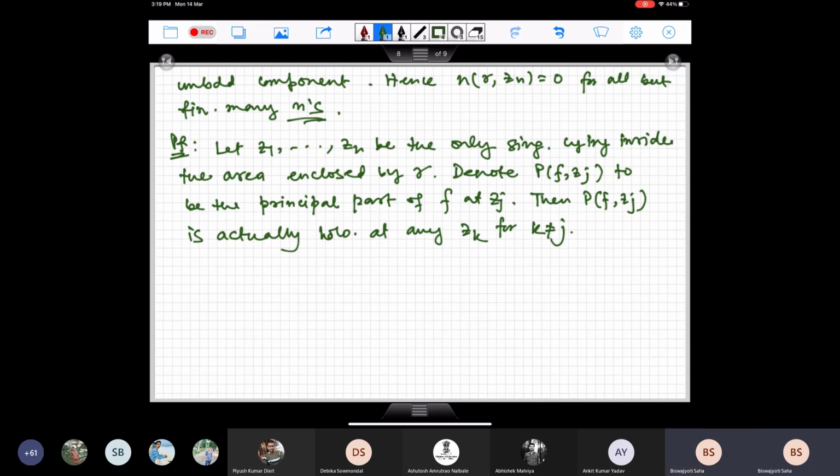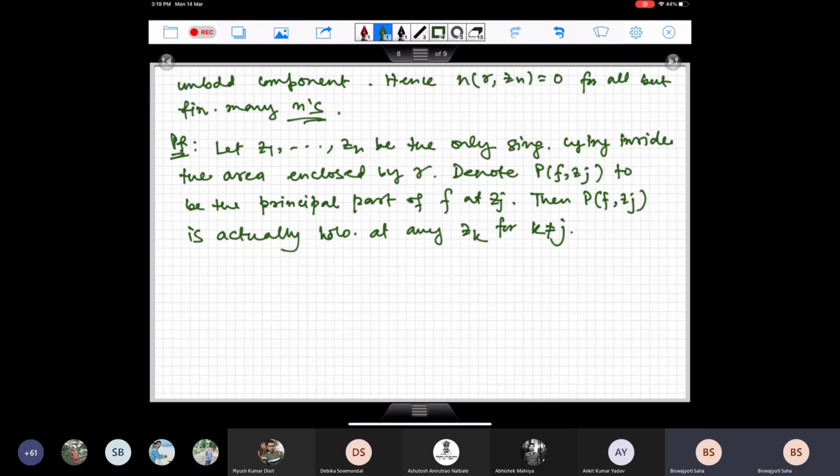Right? All of you agree to this? Because in the Laurent expansion, the negative exponent part is of course not holomorphic at zj, but it's going to be holomorphic at every other point.